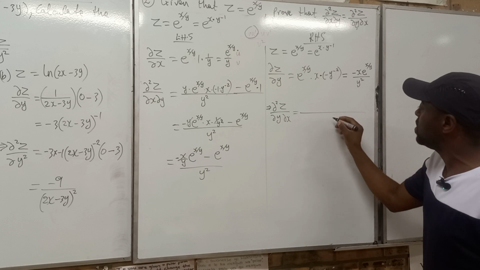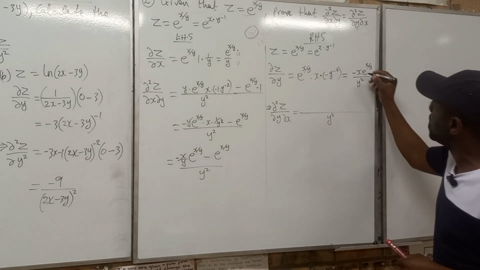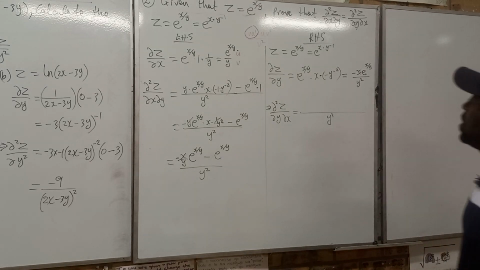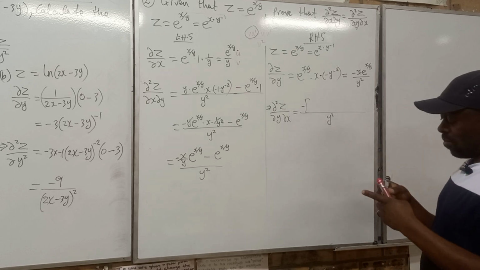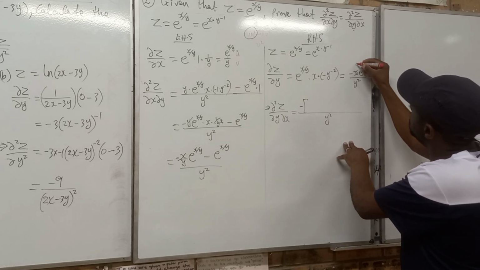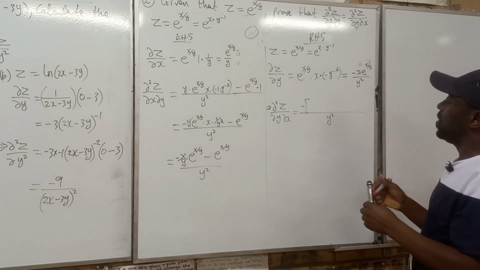X is what we are targeting. There is no x there, so there is no need differentiating the denominator. So our target is just the numerator, and that numerator has a negative. I can put it out as a constant, and then apply my product rule here. So this will be a product in terms of x, because each of them has x.